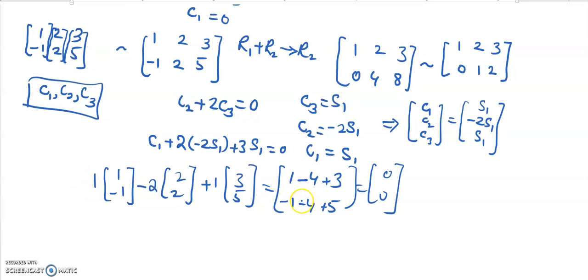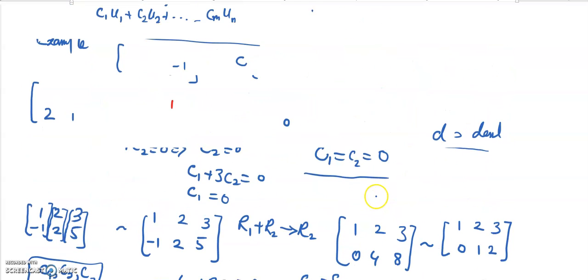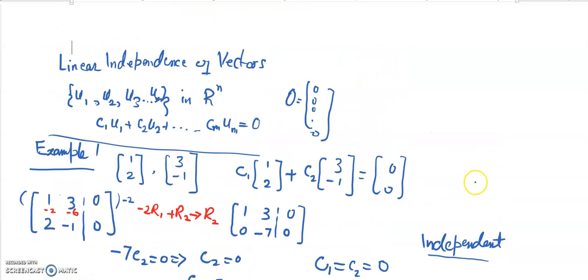So for linear independence, all the coefficients C1, C2 up to Cm must be equal to 0.